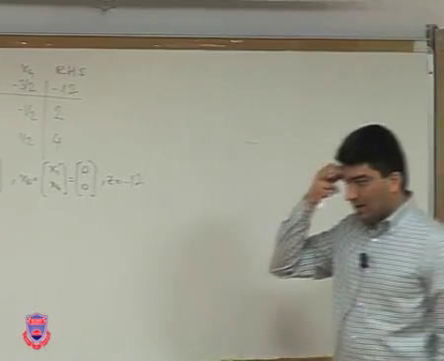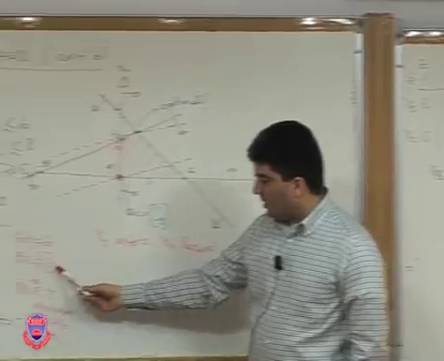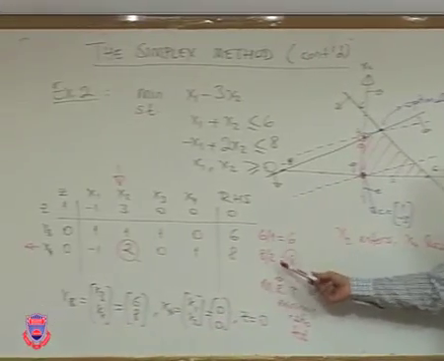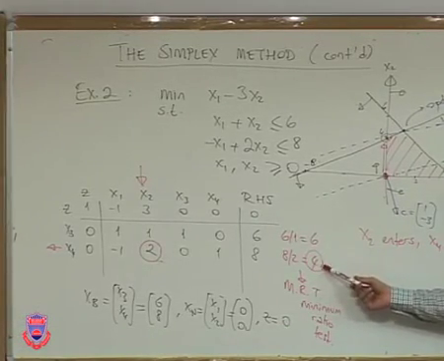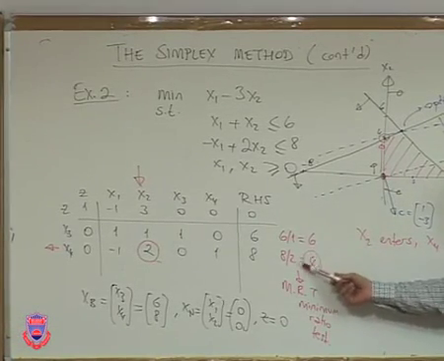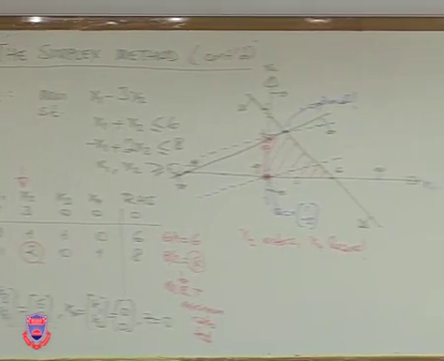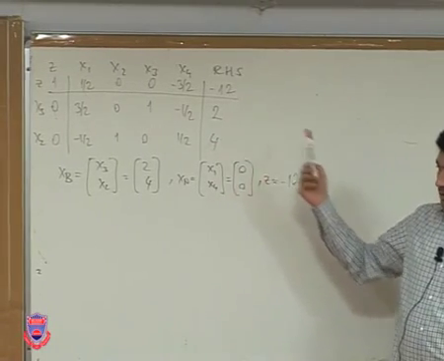One thing I'd like to draw your attention to is the following. This was the basic variable that wins the minimum ratio test, the one with the smallest ratio, and the smallest ratio was equal to 4. Now over here, the value of x2 is also equal to 4. Is that a coincidence?